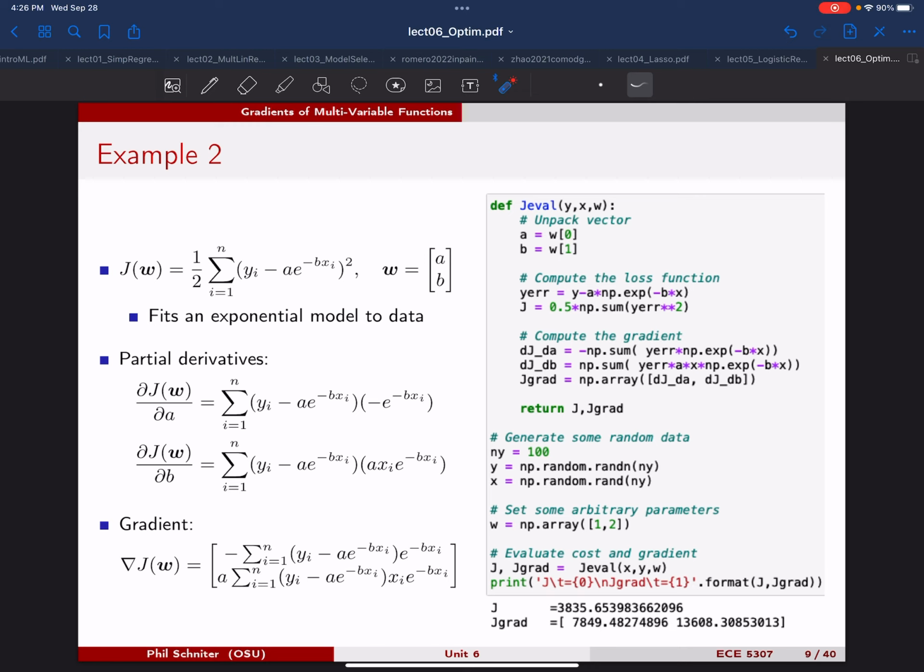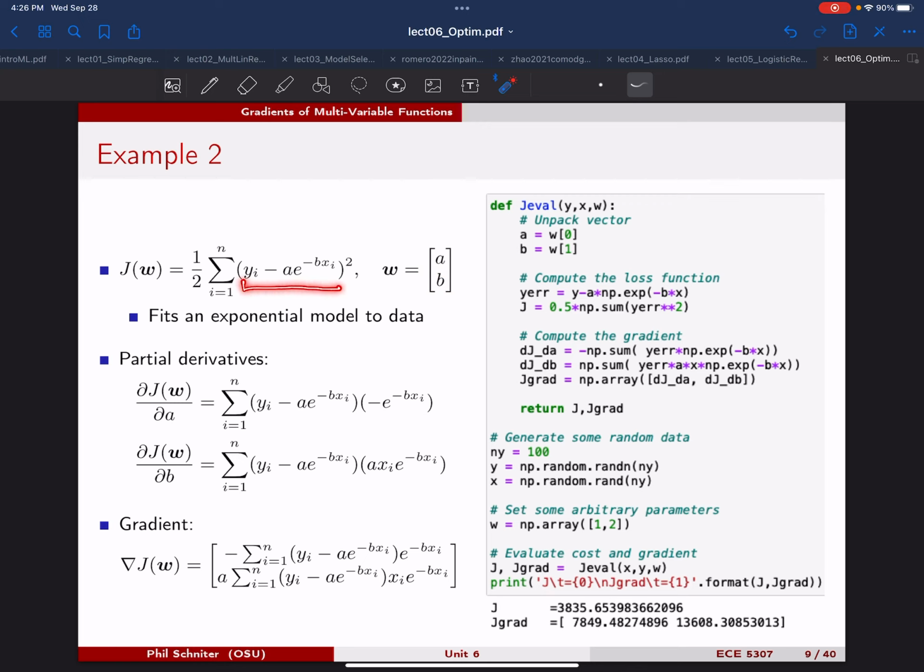Okay, and then we need to do this again for the second parameter, b, and in this case, we apply the chain rule again. The only thing that changes is when we take the partial derivative of this inside stuff. In that case, we get this expression, basically leveraging the fact that the partial derivative of this exponential is just itself times, again using the chain rule, the partial derivative of this argument, which is going to be minus xi.